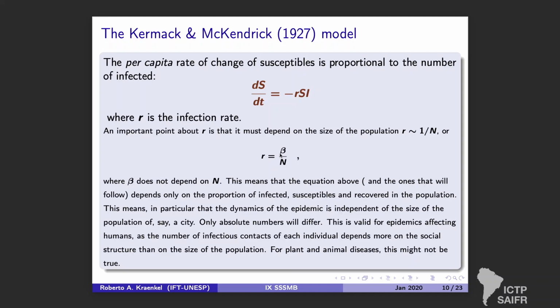of S over N, which is the small s, just a fraction. Here you will have beta. You have I over N here already, which is small i. And you divide by N on both sides, you get this. So this is an equation only for the fraction of persons.